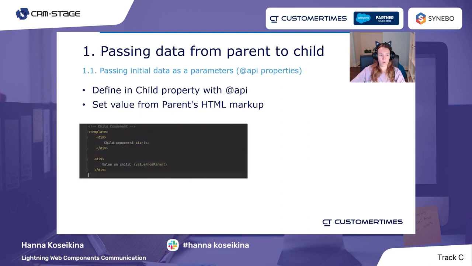So I have a field on the parent, which I populate from a text field. And then when this text field is populated, I pass it to the child component in HTML, where I have value-from-parent equals text field.